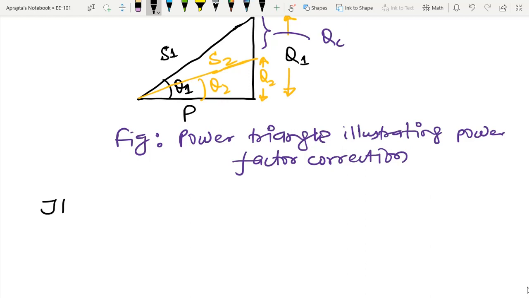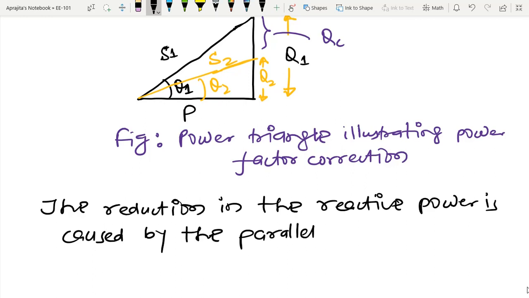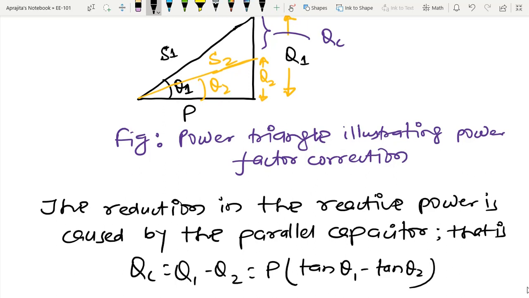So now the reduction in the reactive power is caused by the parallel capacitor, and that is equal to QC, that is Q1 minus Q2, and that is nothing but P times (tan theta 1 minus tan theta 2).